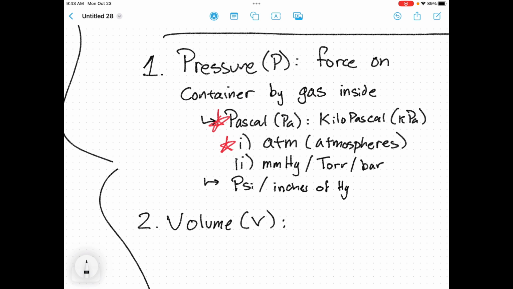But for us, it's the amount of space a gas takes up. Essentially, gases fill up their entire container. So what we're asking is, how big is the container?